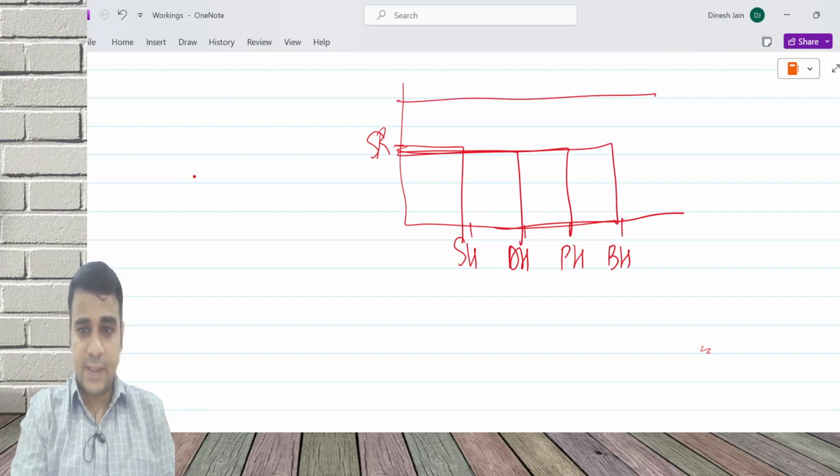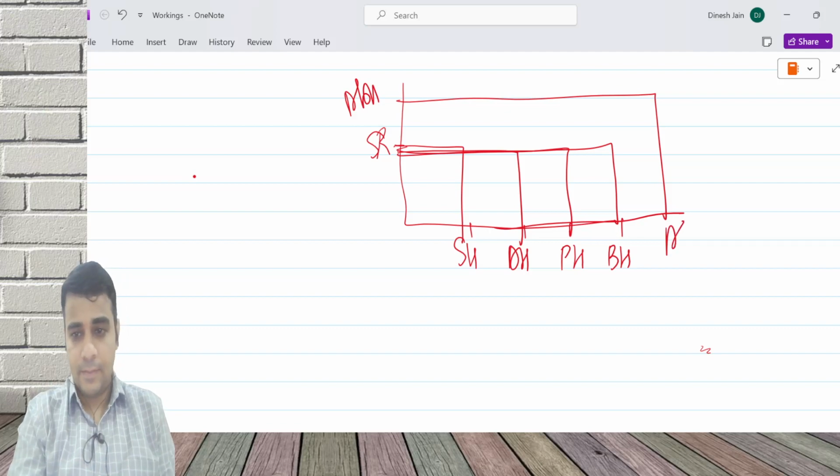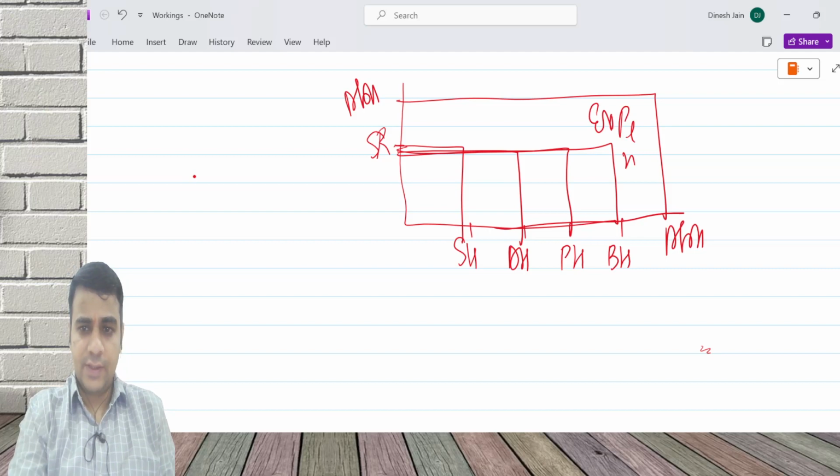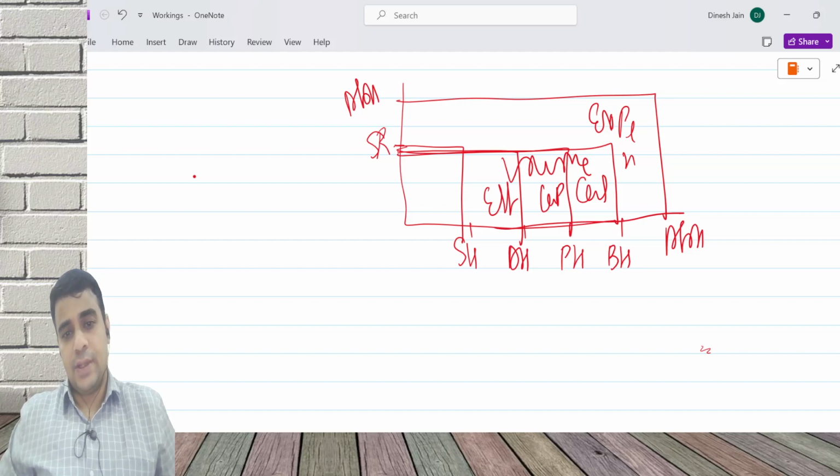The outer part is AFOH. This part is called expenditure variance. Efficiency, capacity, calendar put together is the volume.